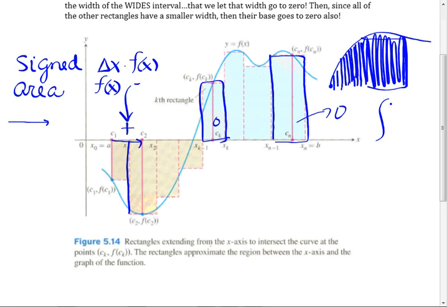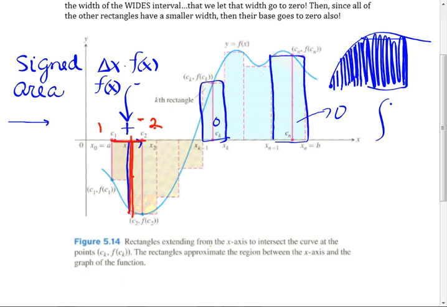I always read left to right. If I go from 1 to 2, delta x is positive, but this delta y is negative. What if I go from 2 to 1? Delta x would be negative, and this is still negative, so this area would now become positive.